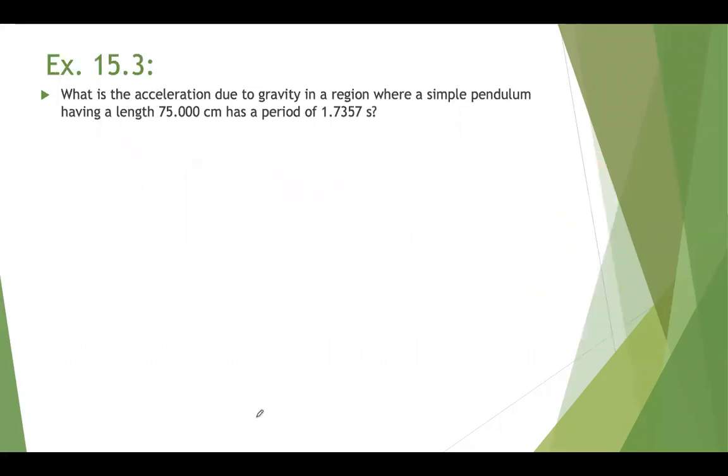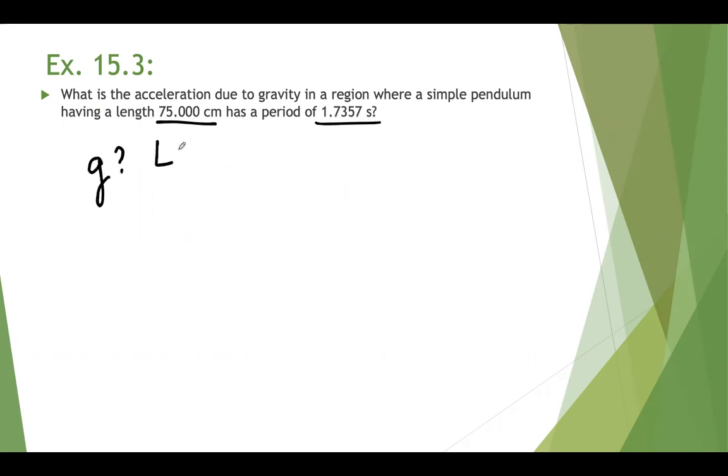All right, so using that, we're going to do another example. This is 15.3. What is the acceleration due to gravity in a region where a simple pendulum having a length of 75 centimeters has a period of 1.7357 seconds? So we want to know g.